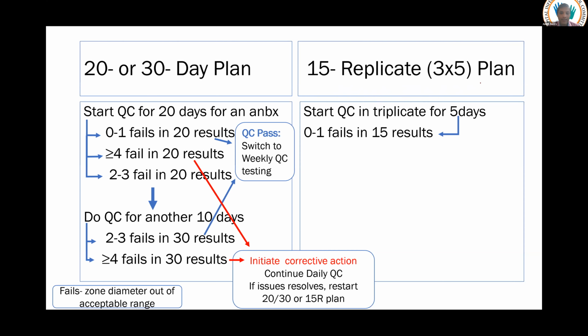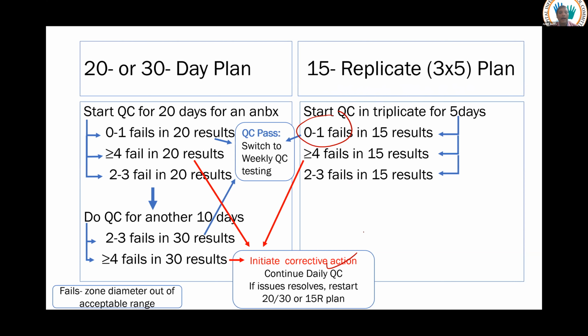Out of the 15 results, if you have 0 or 1 fail, then you consider it as pass. If you have more than 4 fail, you consider it as fail, and you initiate the corrective action. And if you have only 2 to 3 fail, then in such case you have to repeat the QC in triplicate for another 5 days.